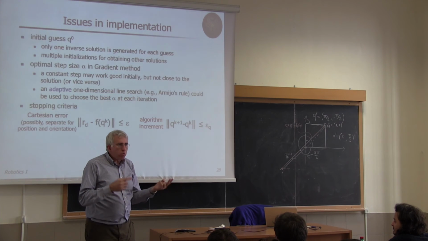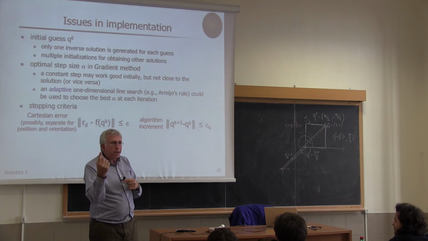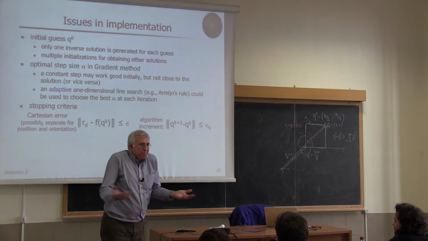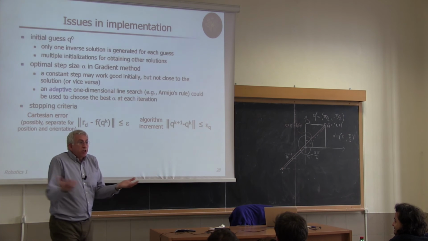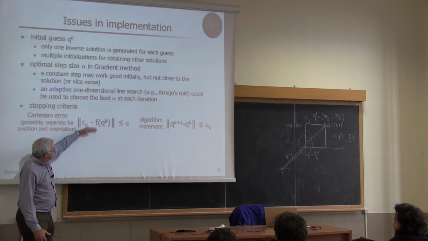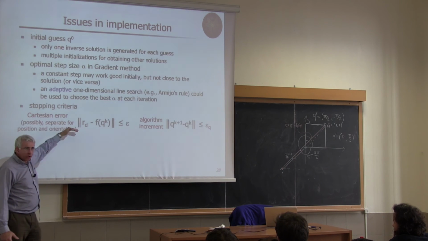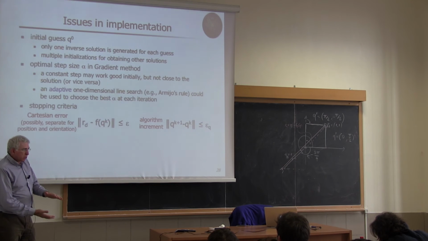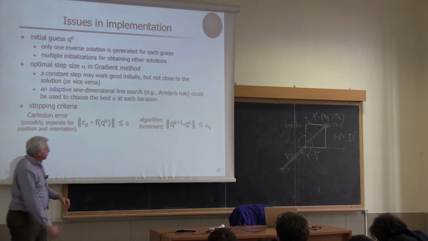Is it better or worse than being away 1 degree and 2 centimeters? It's a nonsense question. Okay, this is why when you have this, you may decide to have different norms on the linear quantities and on the angular quantities. Okay, this makes more sense.